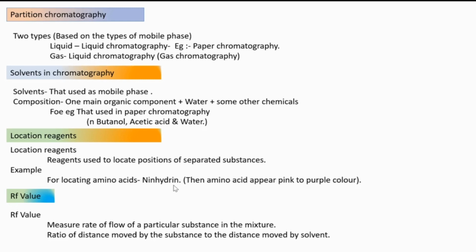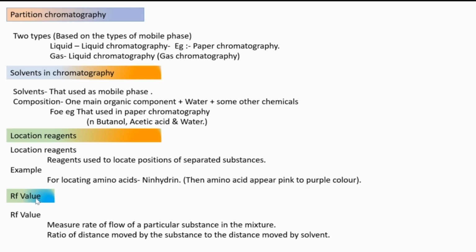After spraying ninhydrin onto the chromatogram, the paper showing the result of separation, each component of that mixture appears in a gradation of pink to purple color. That color variation we can see, and by understanding that variation we can recognize each type of amino acid.